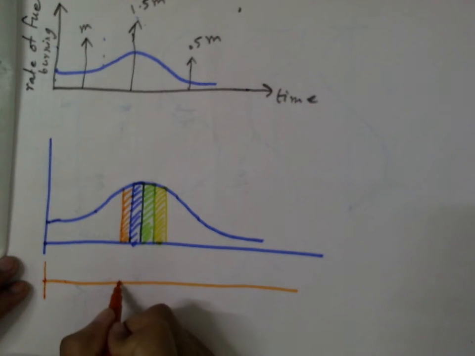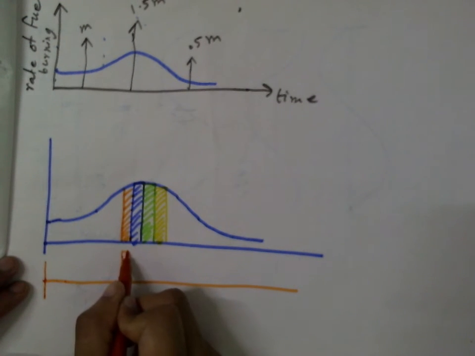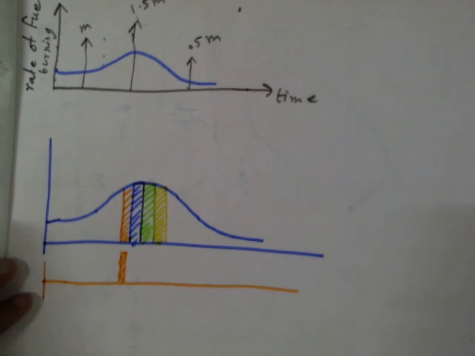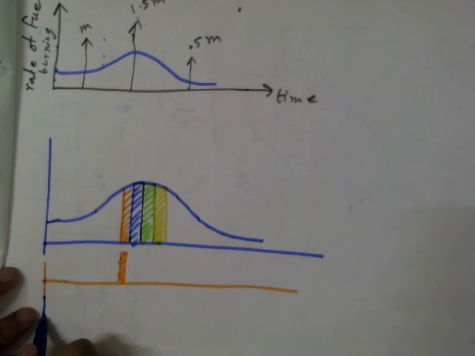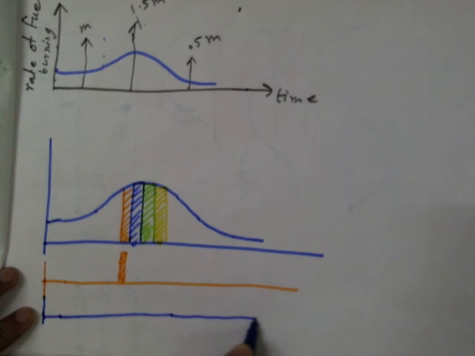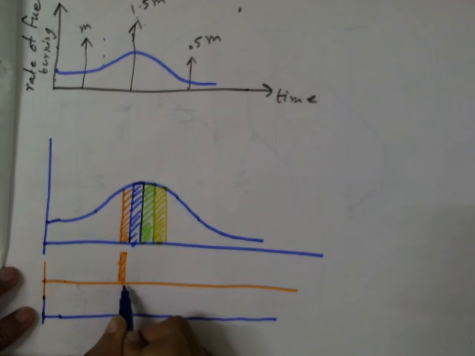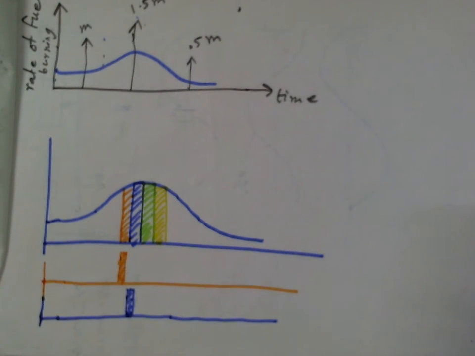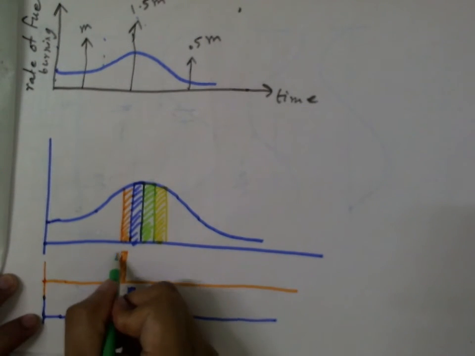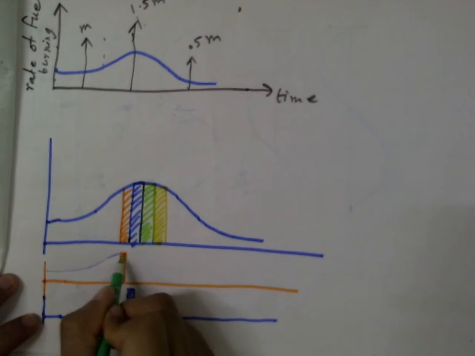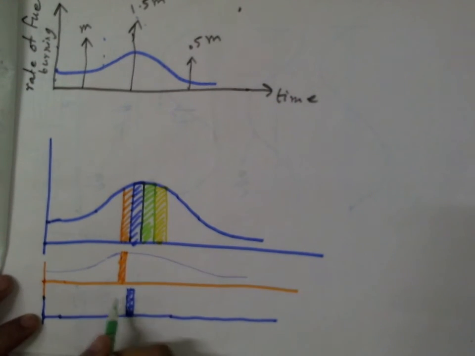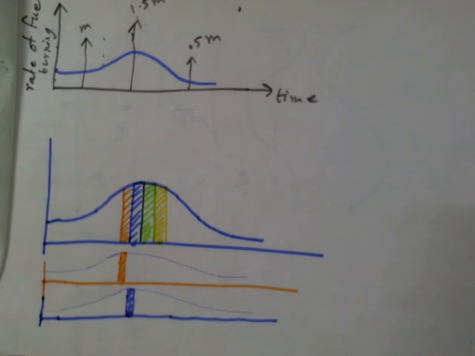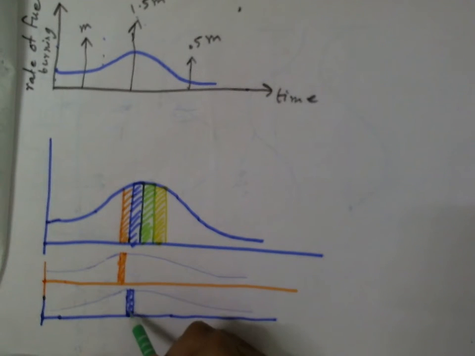So here this orange one, next one here, this blue one. So this is the overall profile of gas burning, and I decompose this single function into a set of functions like this.